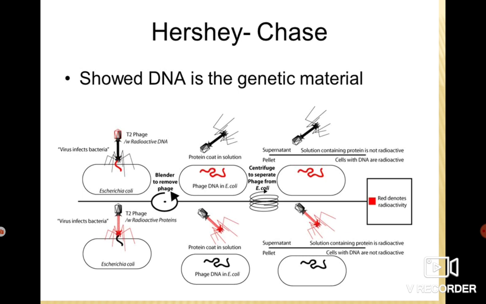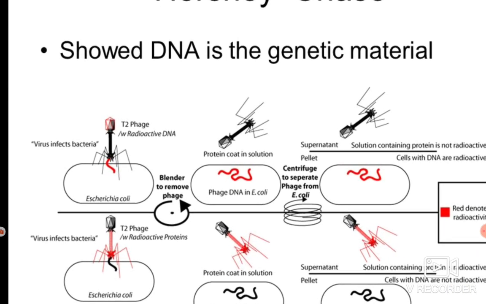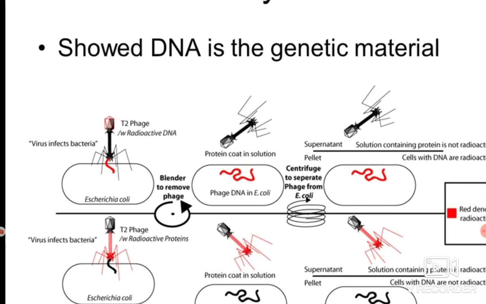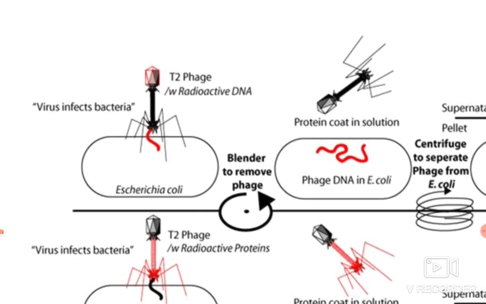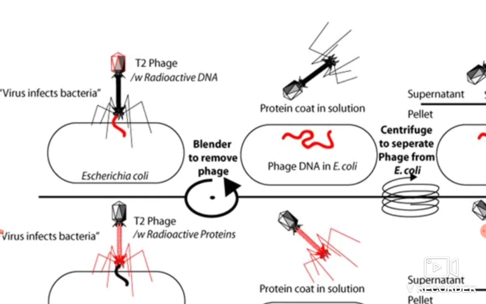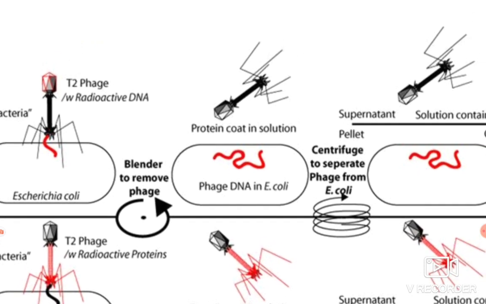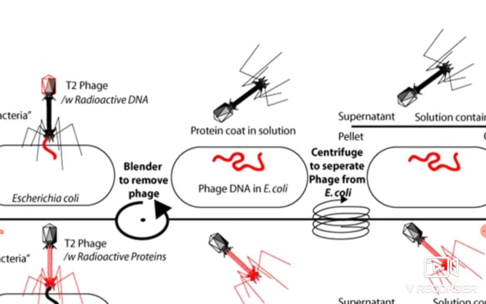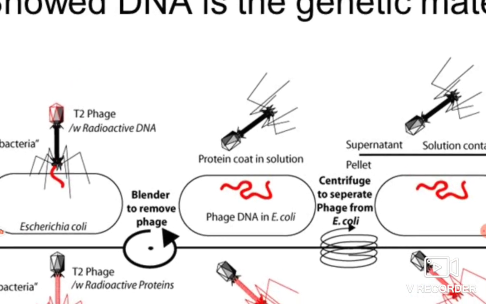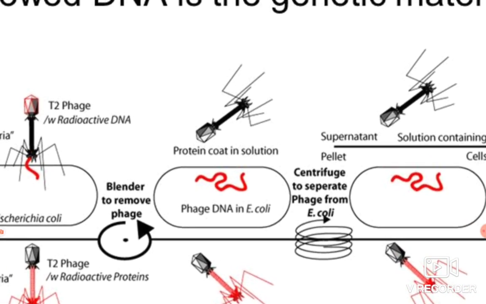First, radioactive DNA, meaning here phosphorus is labeled. This bacteriophage is allowed to infect this E. coli bacteria. The first step is infection. Then blending. Blender to remove phage, meaning the bacteriophage is removed from the bacteria. Then phage DNA in E. coli.